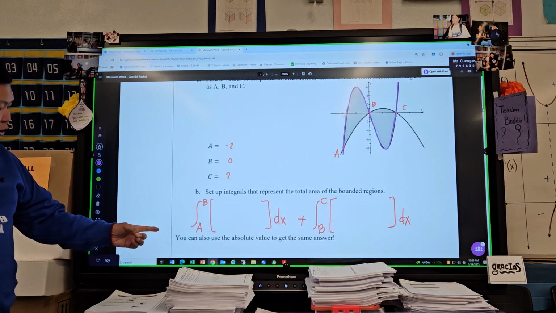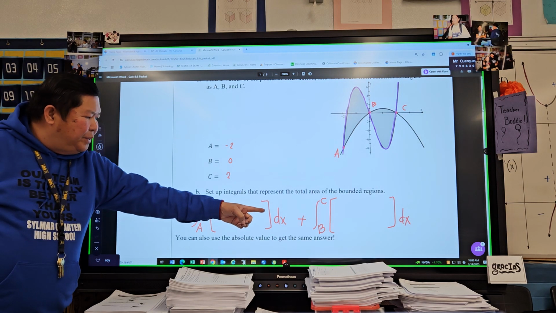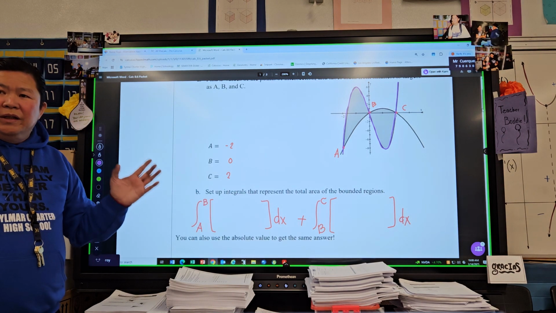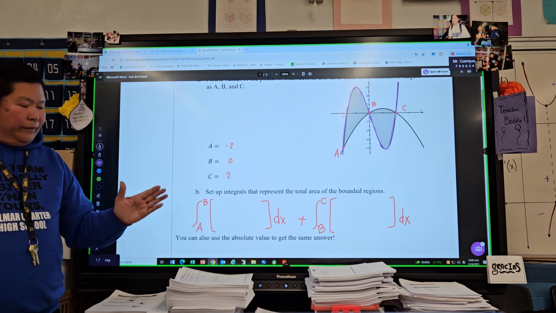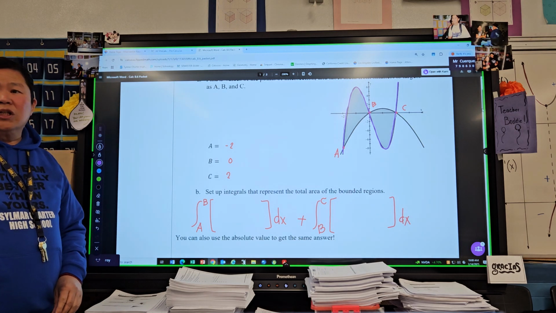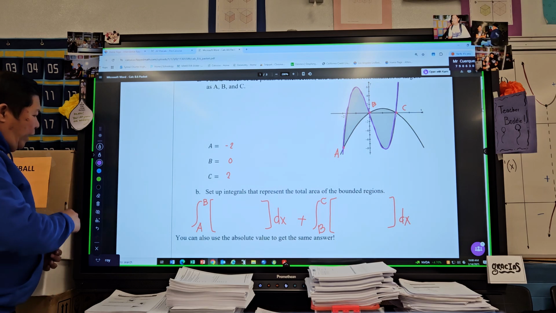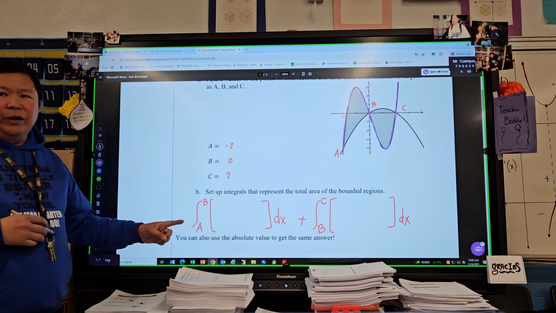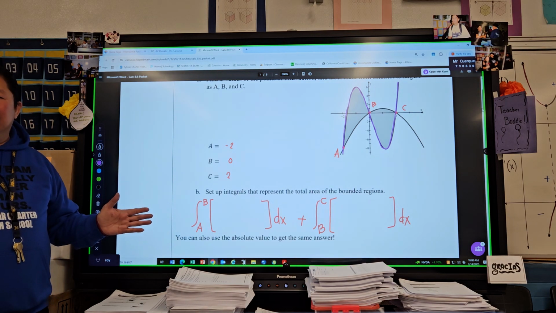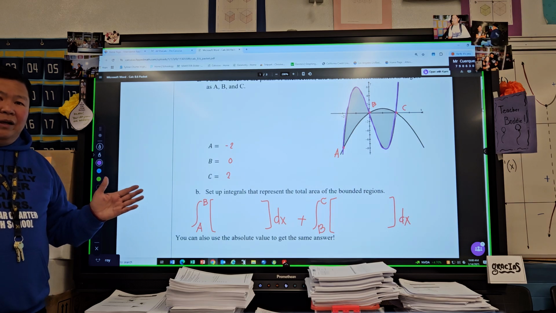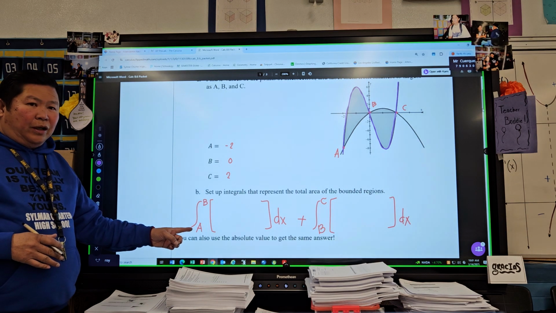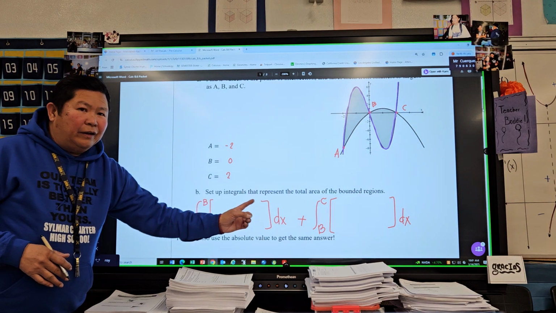I have the intention why I write A, B, and then B, C, because we want to apply that for the next question. What's the next question, guys? And any noticing, if we do it by absolute value, remember, absolute value. So, what do you think?